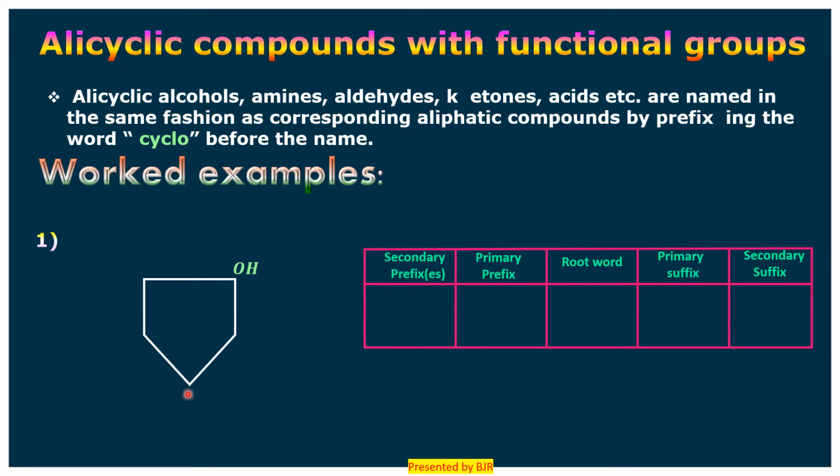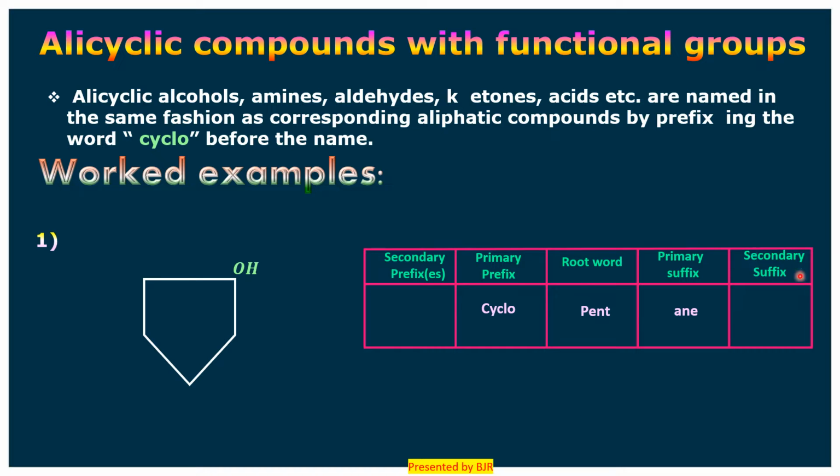In this compound, 5 carbon atoms form a ring, so the root word is pent. Only carbon-carbon single bonds are there between the carbon atoms in the ring, so the primary suffix is ane, and these carbon atoms are forming a ring, so the primary prefix is cyclo.